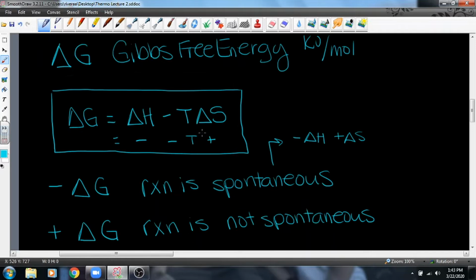So if something is exothermic and increasing in entropy, the reaction is always going to have a negative value over here. So that reaction will always be spontaneous because exothermic is favorable and an increase in entropy is favorable. So that's why a negative delta G will always result in a spontaneous reaction.